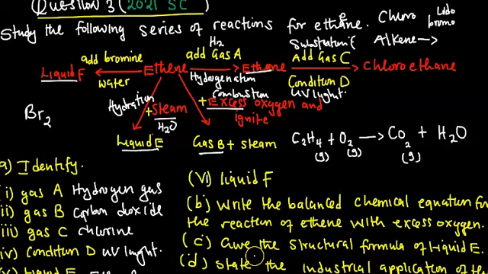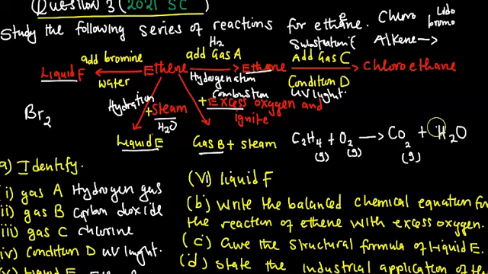So what remains is for us to balance the equation. How many carbons do we have on this side? We have 2. This side we only have 1 carbon. Then oxygen, we have 2 here and this side we have 3.